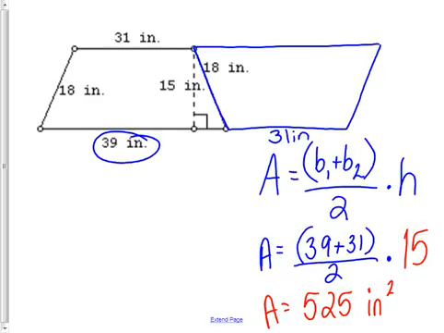That's where this base 1 plus base 2 comes from. And that's why I'm doing 39 plus 31. And then times 15, because 15 is the height of the parallelogram I made. And then I had to divide by 2 because one trapezoid is half of a parallelogram.